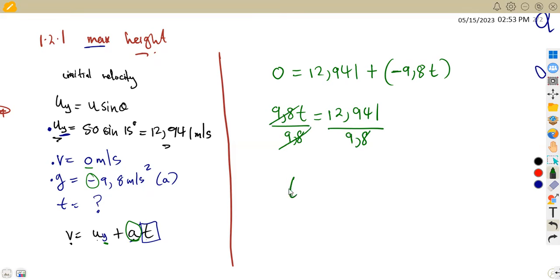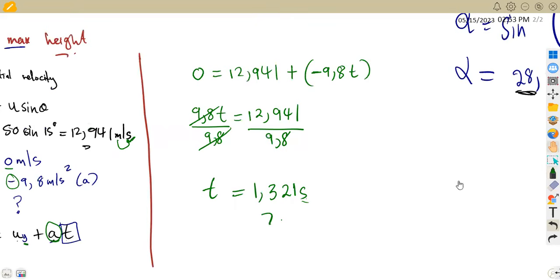That gives us the time taken, which is 1.321 seconds. Remember, your velocity is in meters per second, so the time is in seconds in this case. That's how you can calculate this part.